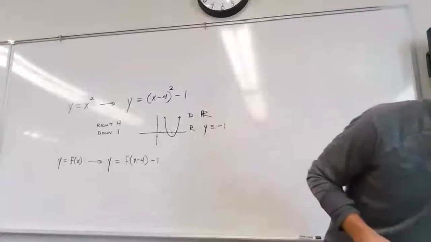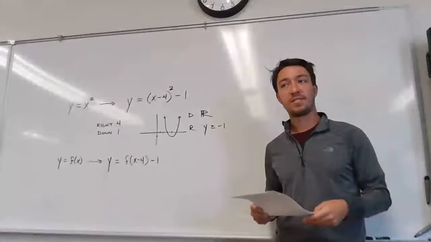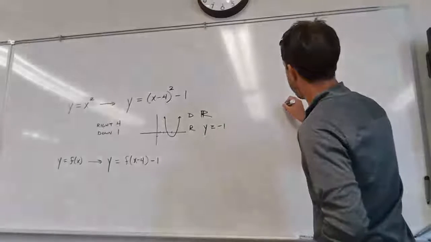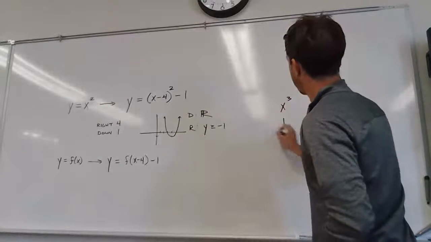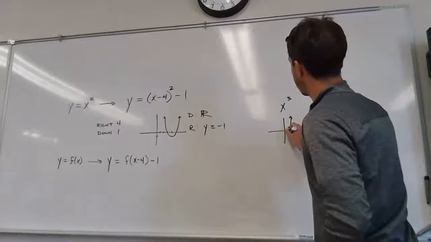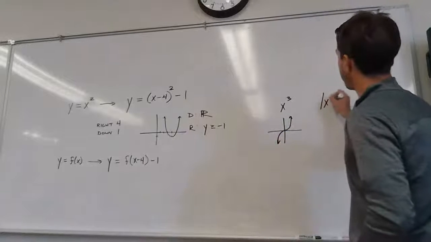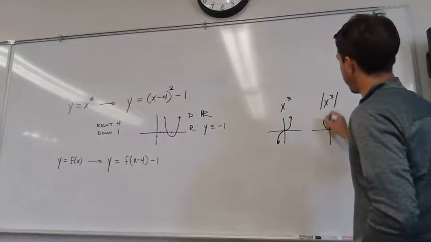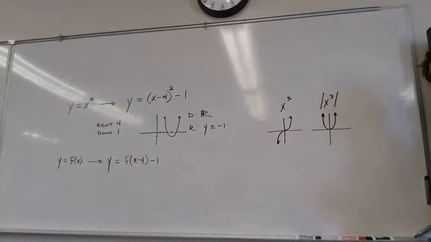Absolute value? Yeah, you put absolute values on it. So for example, x cubed graph looks like this. If you went absolute value of x cubed, that would turn all those y values positive, and you get something that looks like that.